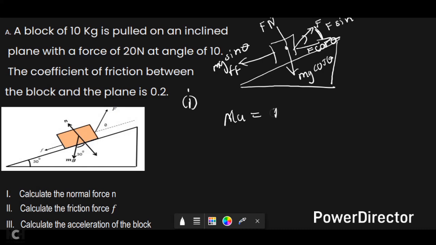We have F cos θ minus mg sin θ minus the friction force, like that.